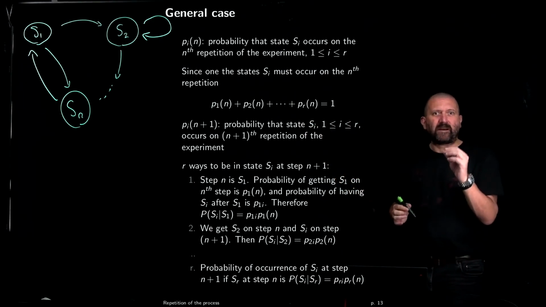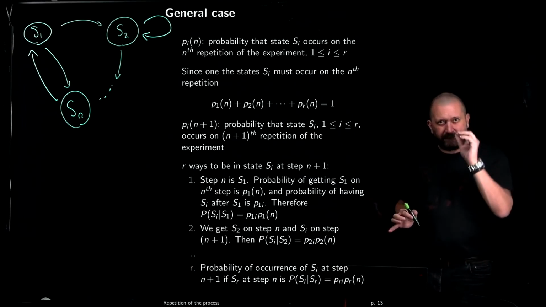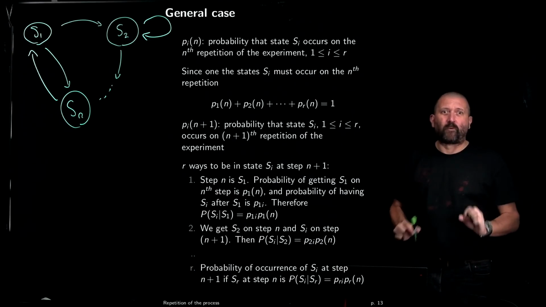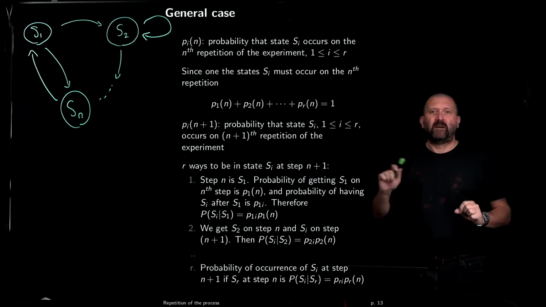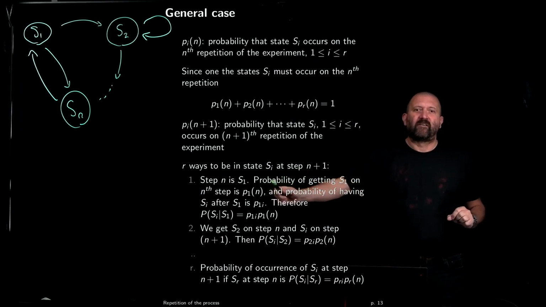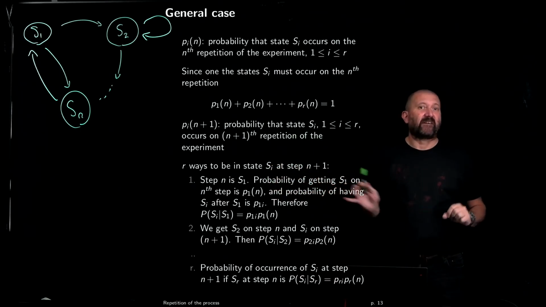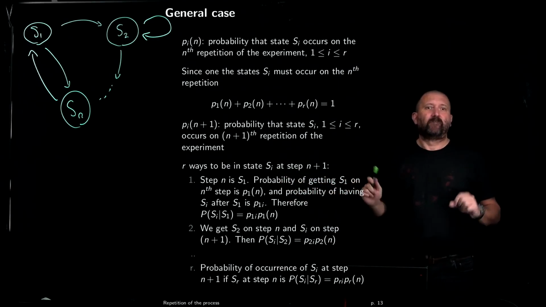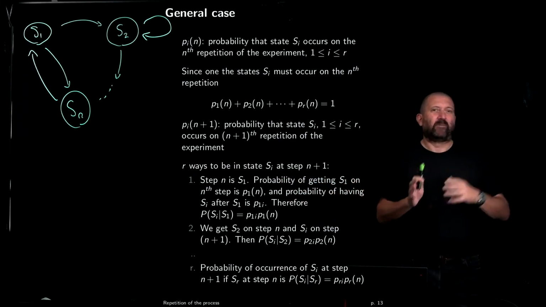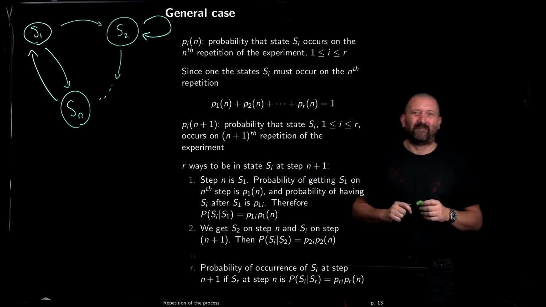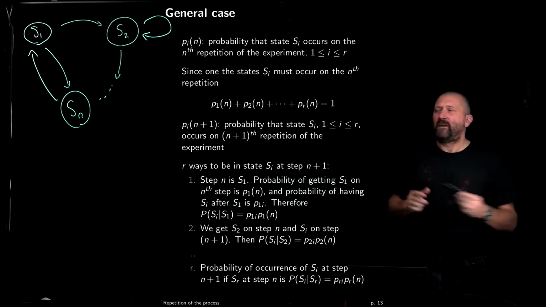And now what we're doing is we look at the probability that the system got somewhere, so state i, at the n plus 1 time step. And it could have come here.